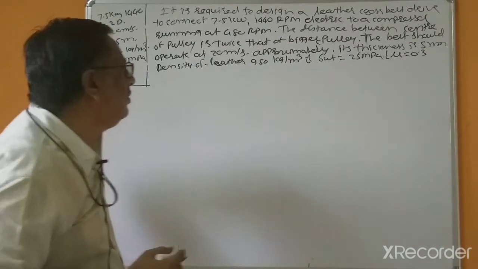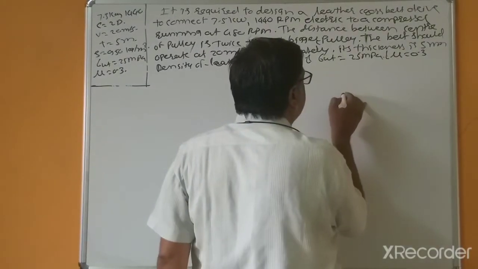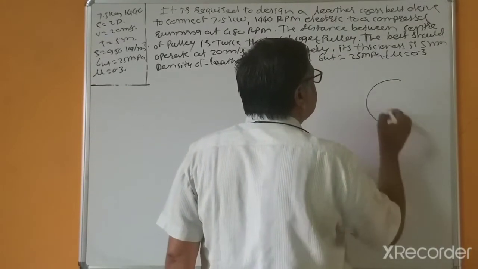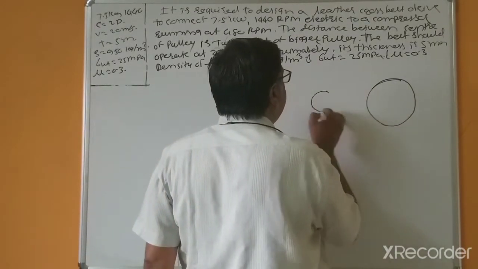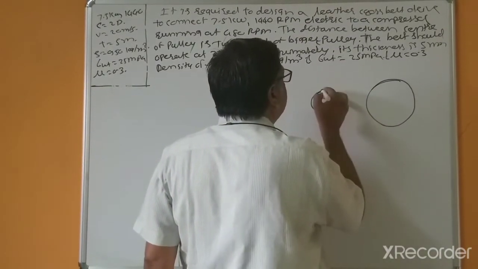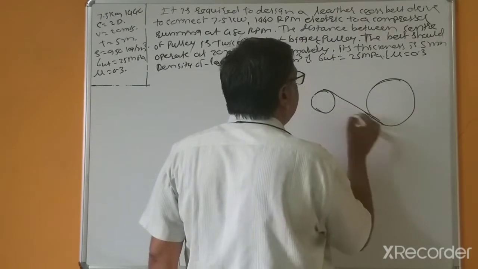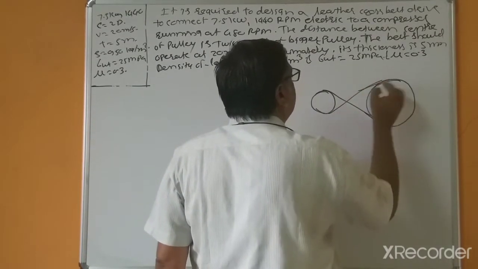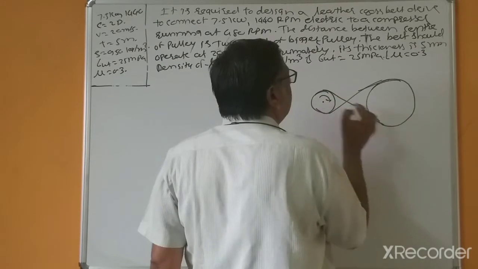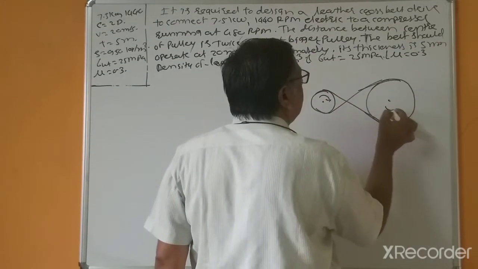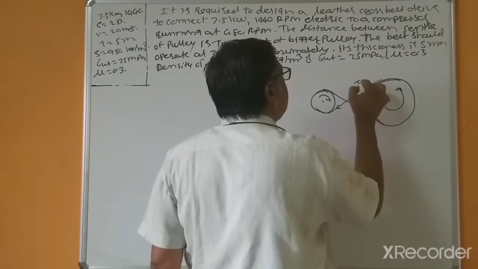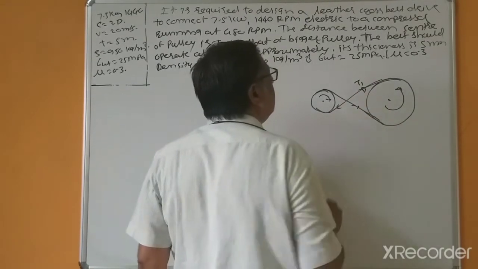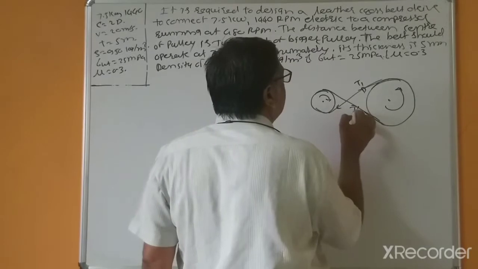So in this problem, this is a cross belt. Suppose this is the larger pulley and this is the smaller pulley. If this is rotating anti-clockwise, and these are tensions T1 and T2.